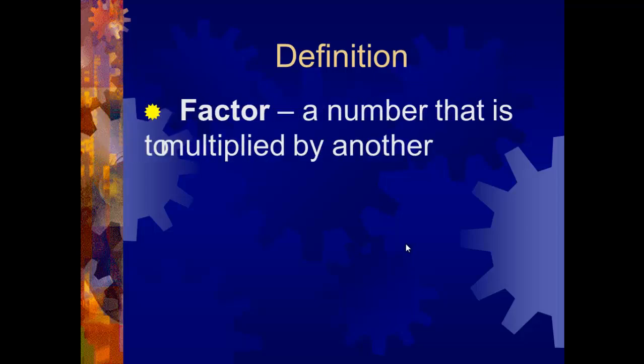Factor. A factor is a number that is multiplied by another to give a product. Again, two numbers multiplied by each other give you a product, give you an answer. This is called factor.